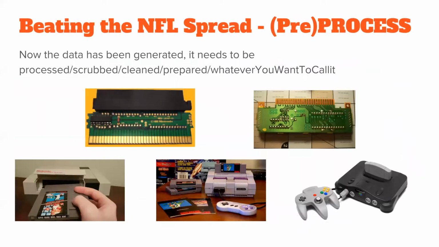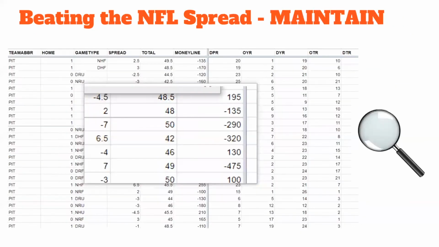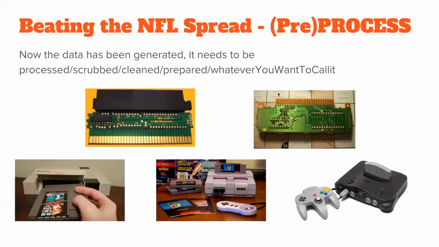So the pre-processing phase, there's a lot of different machine learning algorithms out there. And when you look at these features or these fields at the top of this data, it's almost kind of like whenever you have the data and you're trying to fit it into an algorithm, it's almost kind of like those old Nintendo games where you put the cartridge in and all the pins align and it's able to play the game.